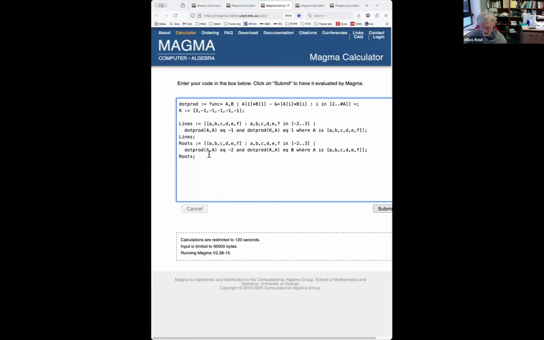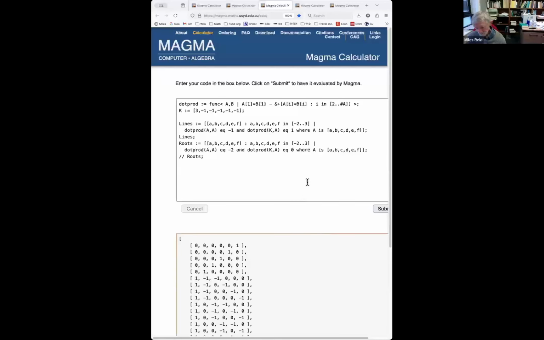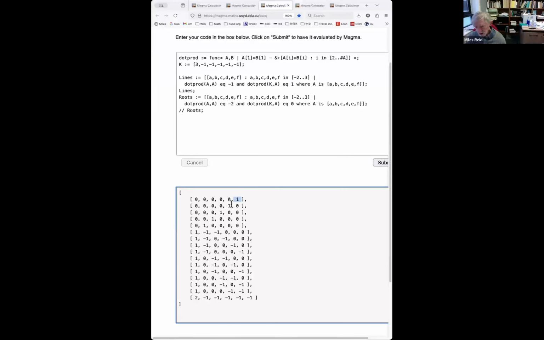Let me, just not to spoil the experience for you. These are the lines of the cubic surface. So these are the 6 points of P2 that I blow up, and these are the 15 lines, Mij, passing through 2 points. Yes?